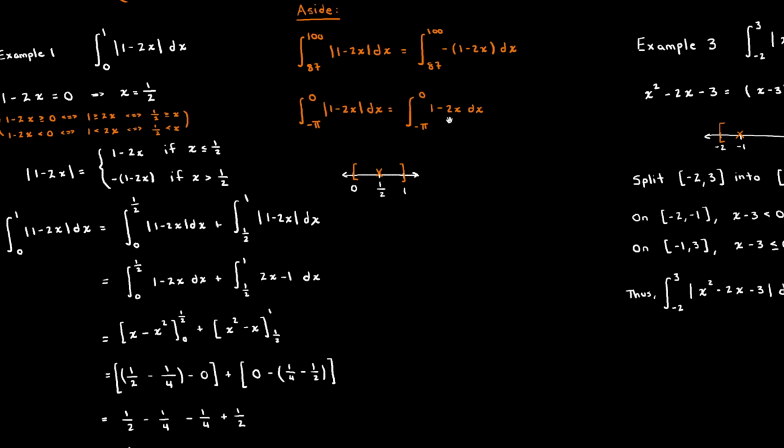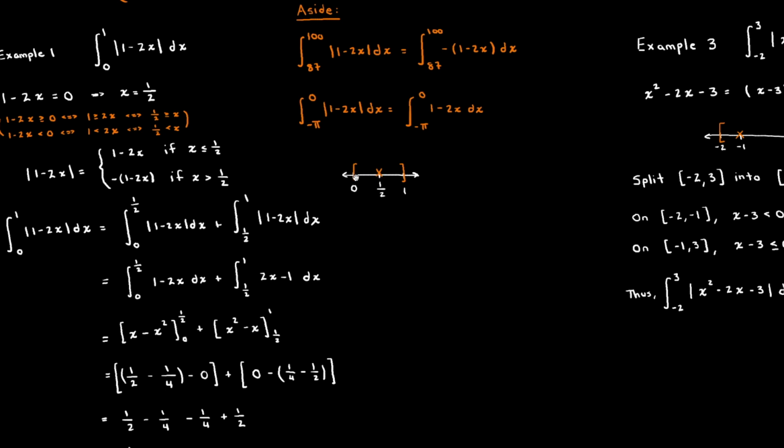Now, where it gets a little bit tricky is if we're trying to integrate and the point where the sign changes happens to be in that interval, which is the case here with our original problem. We're integrating from 0 to 1, and at 1/2 the sign changes. So the idea here would be to, instead of integrating from 0 to 1 in one shot, split it up into two cases.